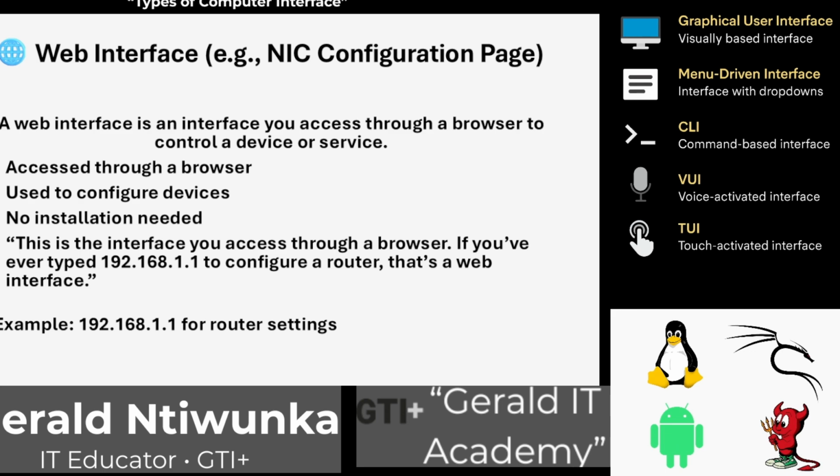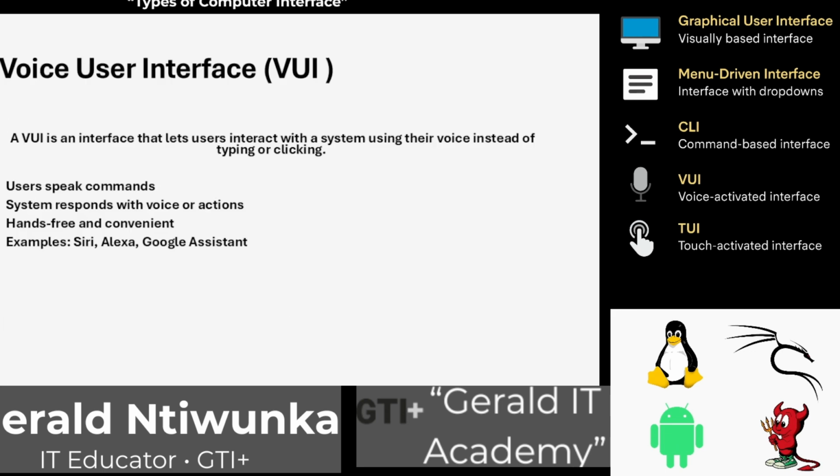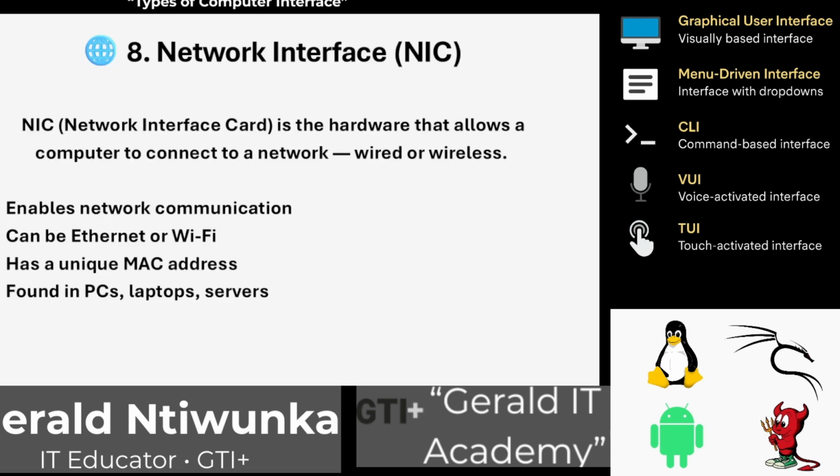Now, we said it before, the web, the voice, we have network interface, which we have mentioned here. So this is some of the things we have for you today.